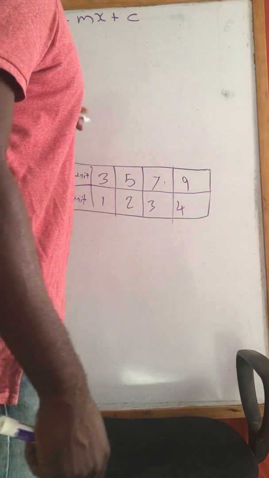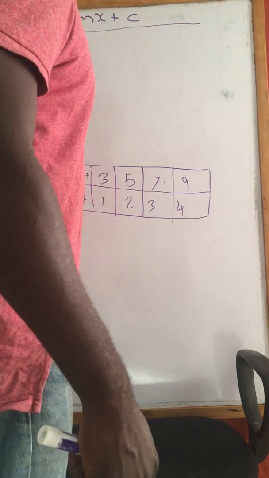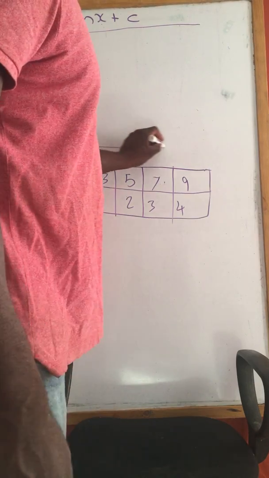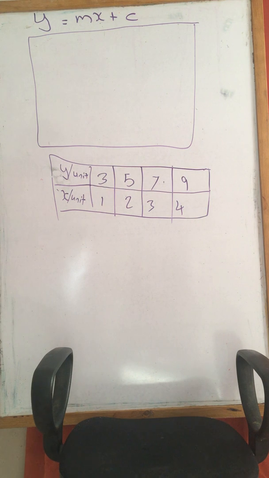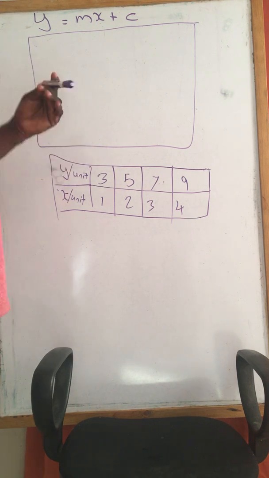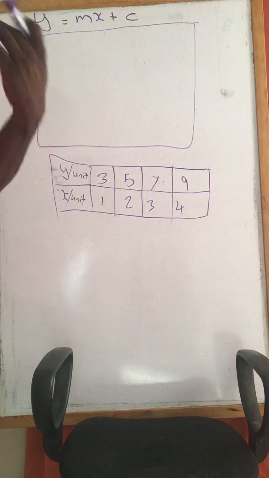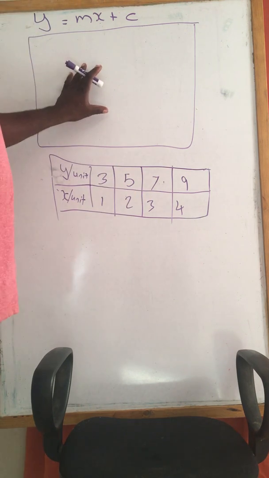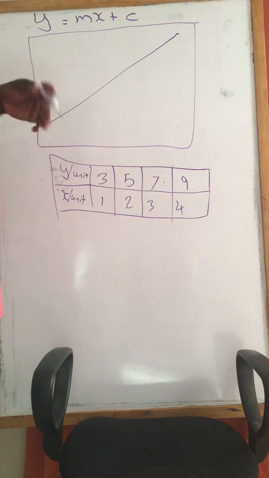So this is my table, and this is my graph paper here. First and foremost, you must come up with a scale that will allow you to plot a curve that will cover at least 75% of the graph paper, right? The curve must cover at least 75% of the paper.